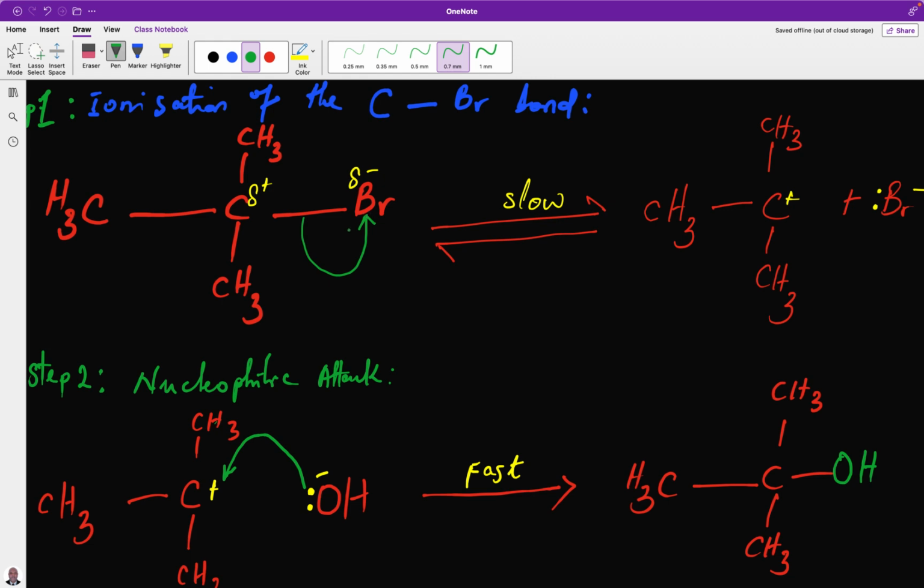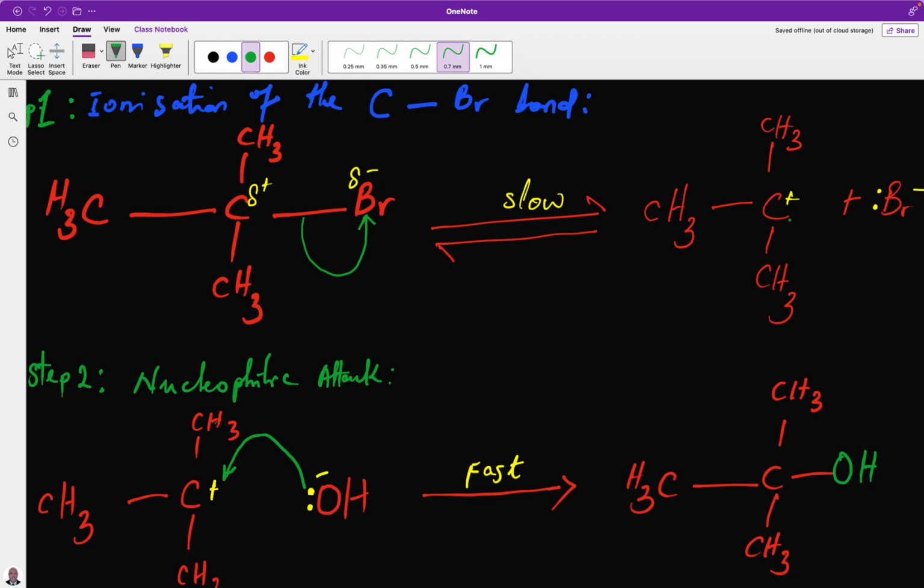In doing that, there is heterolytic fission. Bromine goes with the lone pair of electrons. The bonding electrons that were here have been carried by the bromide. And now the carbon, which is positively charged, is left with no electrons.